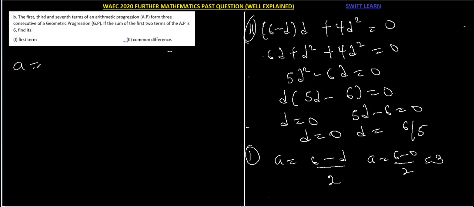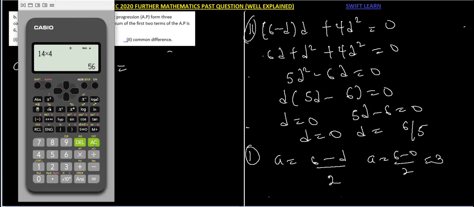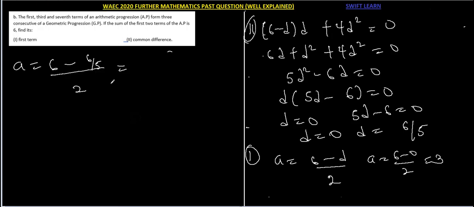That's 6 minus 6 over 5, divided by 2. So what is that? Okay, time to use our calculator. 6 minus 6 over 5, divided by 2. That's obviously 12 over 5.